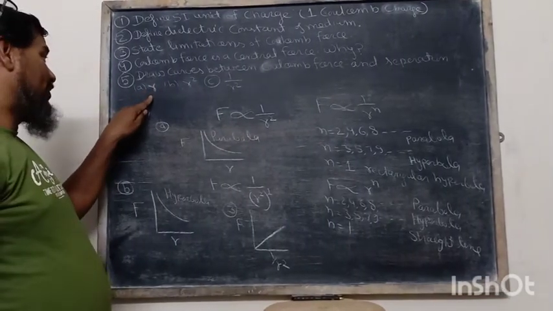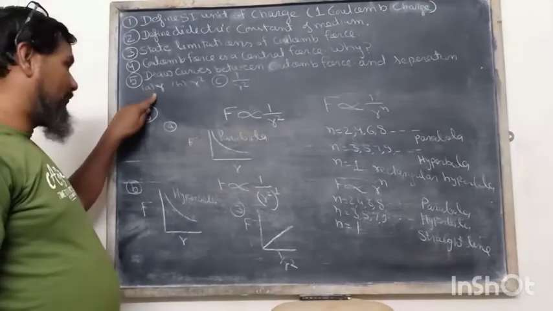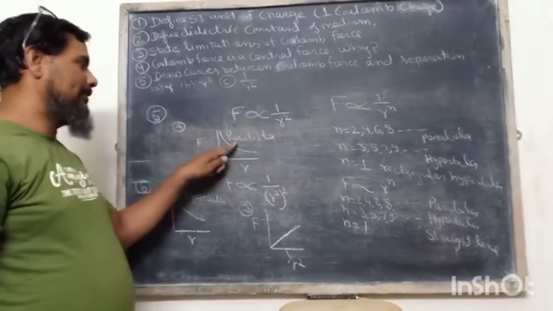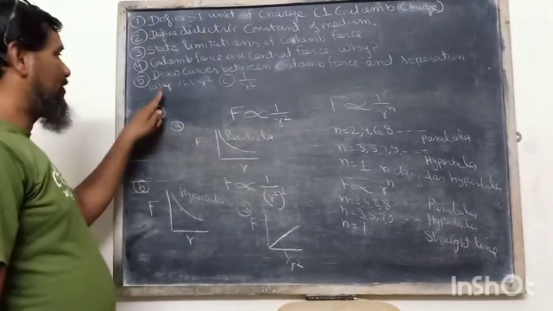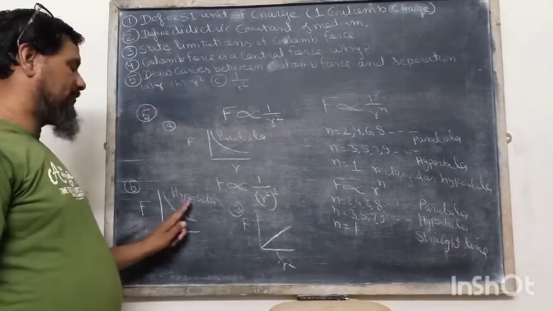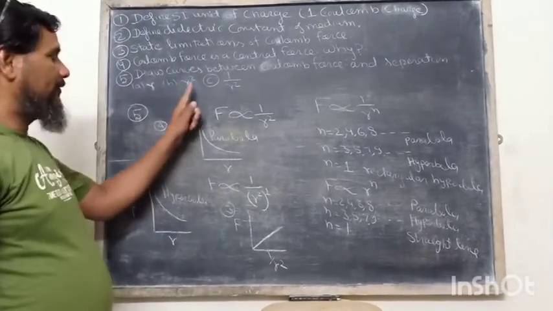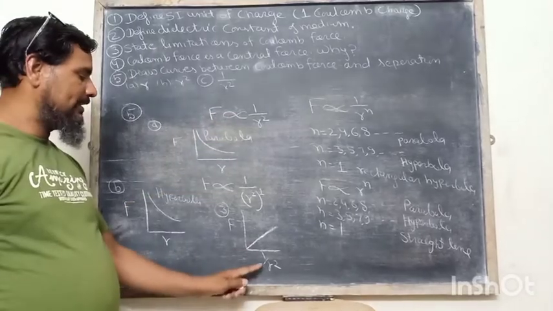So the curve between Coulomb force and R will be a parabola. Force between F and R square will be a hyperbola. And force and 1 upon R square will be a straight line.